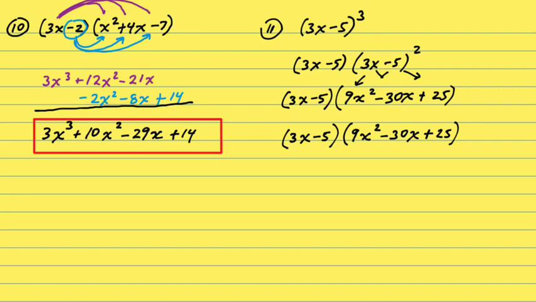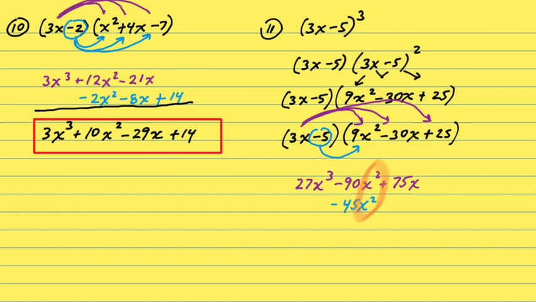Anyway, now I'm going to distribute 3x. So let's do this. 3x times 9x squared is 27x to the third. 3x times negative 30x is negative 90x to the second. And 3x times 25 is 75x, I believe. Now I'm going to distribute a negative 5. Negative 5 times 9x squared is negative 45x squared.